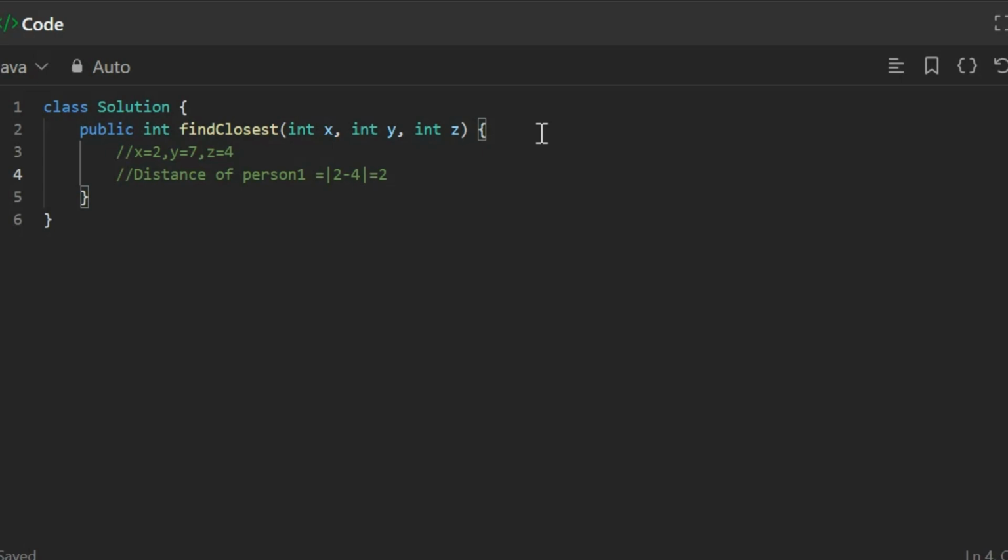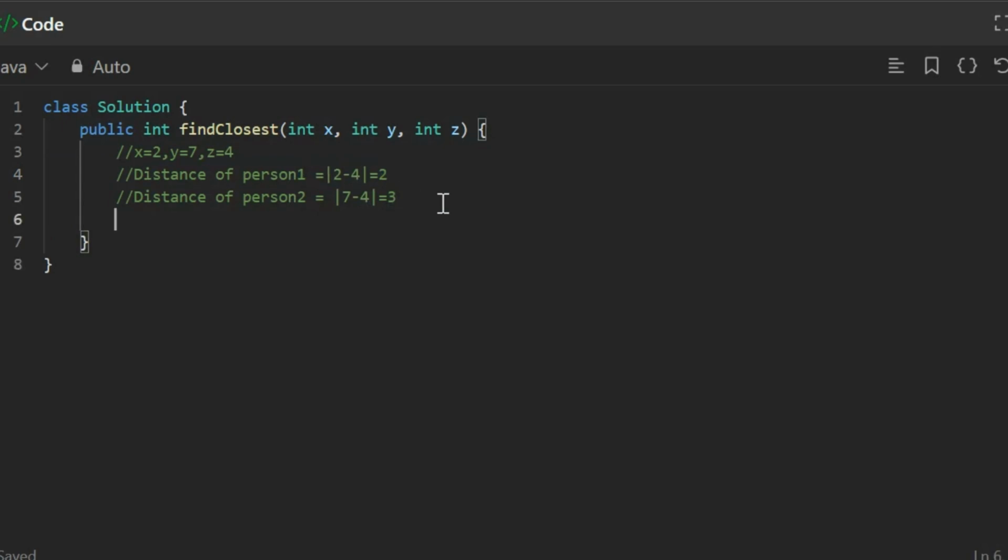That gives us 2. In the same way we can take the distance of person 2, by calculating the difference of y minus z. That gives us 3. So as you can see, person 1 gives us the value 2. Since person 1 is closer, the answer is 1.